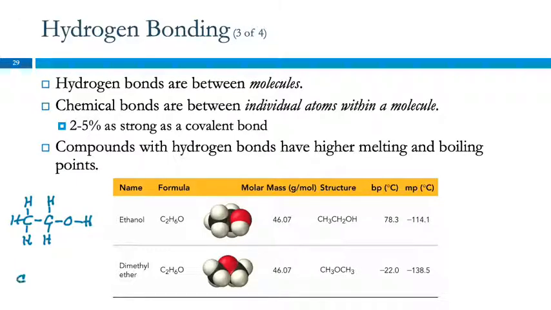So that's ethanol. And this is dimethyl ether. And we could put the lone pairs in there. Is this molecule polar? Well, it's kind of hard to look at.